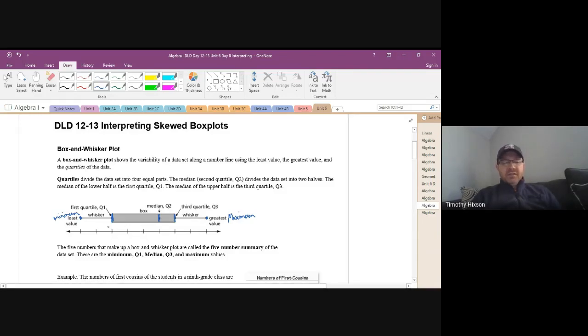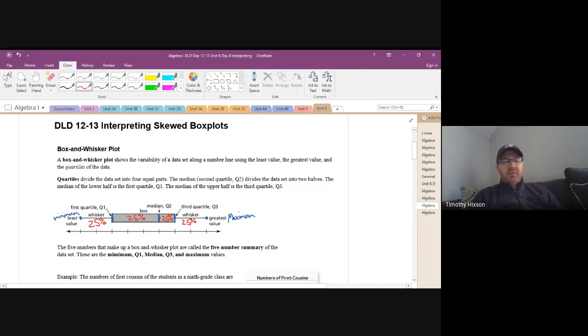Now, remember that each of these parts represents 25% of the data. Even though they are spread out differently, there's still the same number of data points in each one. I asked you about this earlier, and several people looked at a plot like this and said, oh, there are more people in this area than in this area. No, there actually aren't.